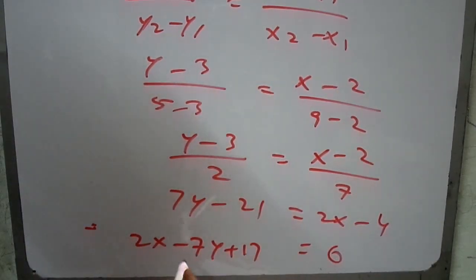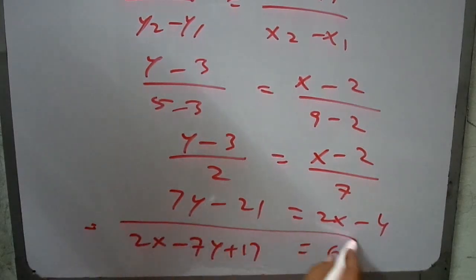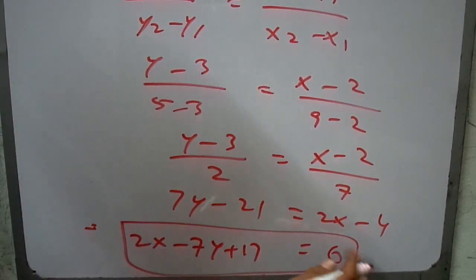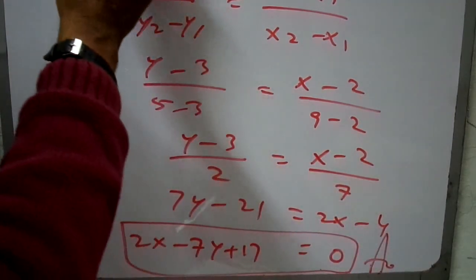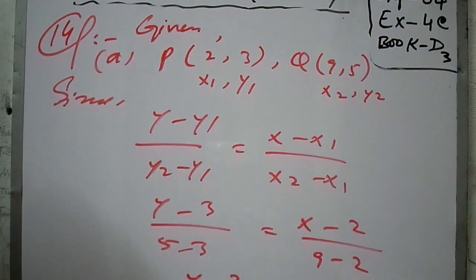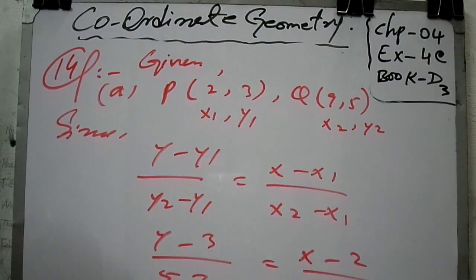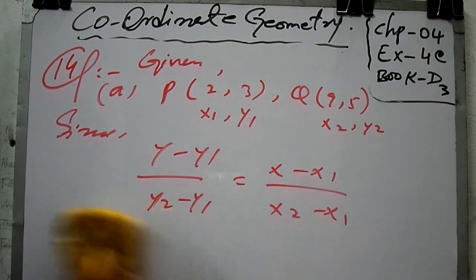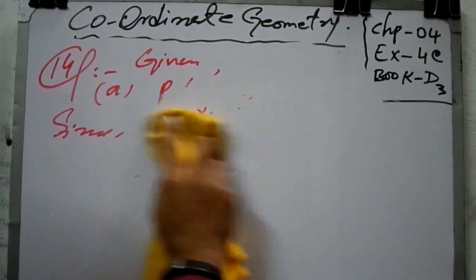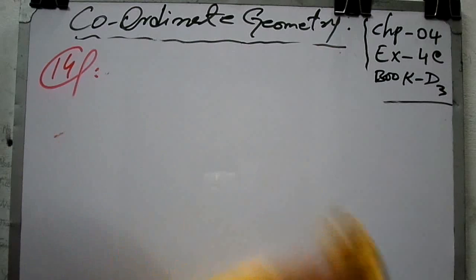So that is your equation after simplification. So A part is solved. Now B, so find where PQ intersects the x-axis. So part B of the same question.